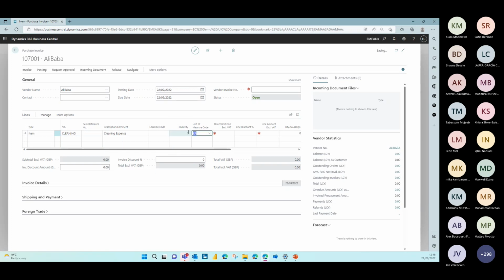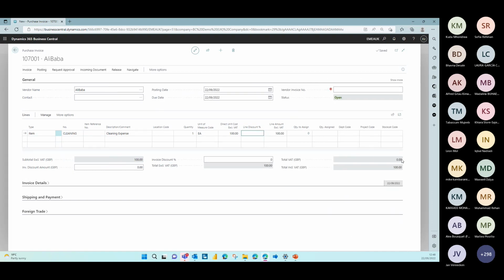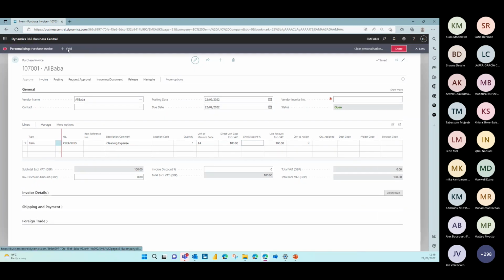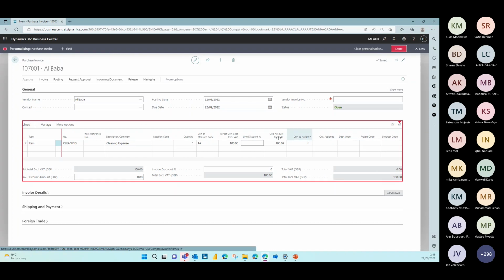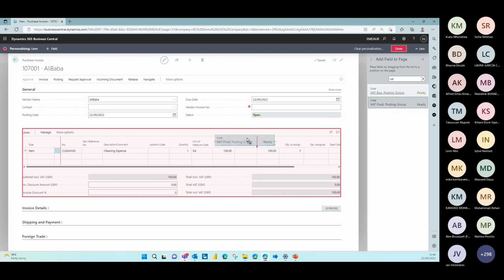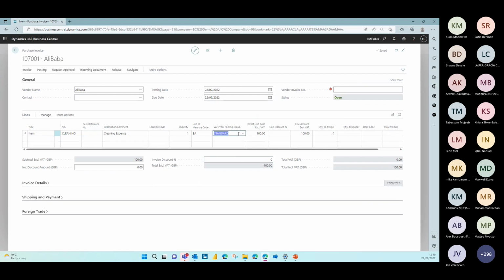So if I say, it might be 0 at the moment, but say I want VAT changes here. I'll change it here.